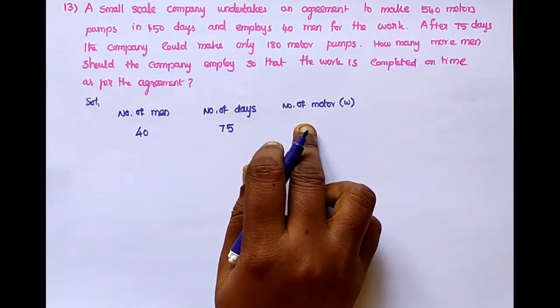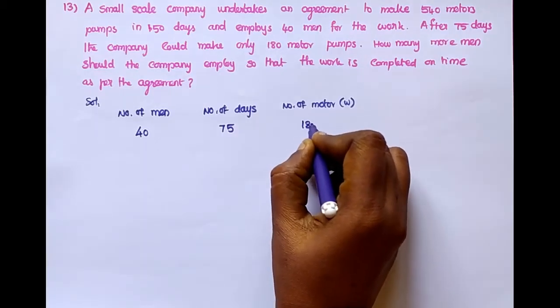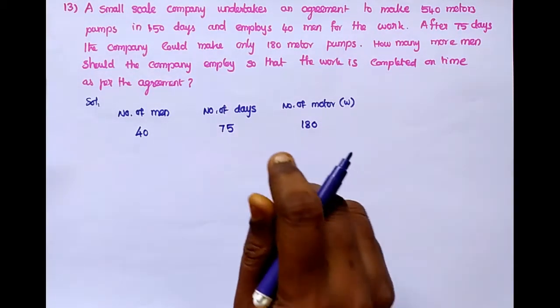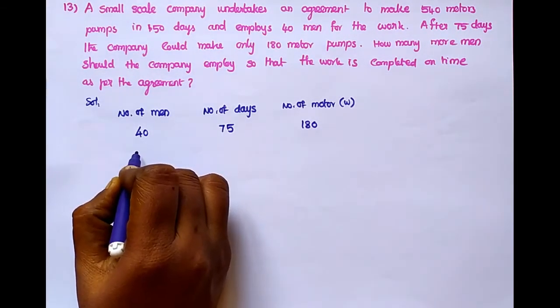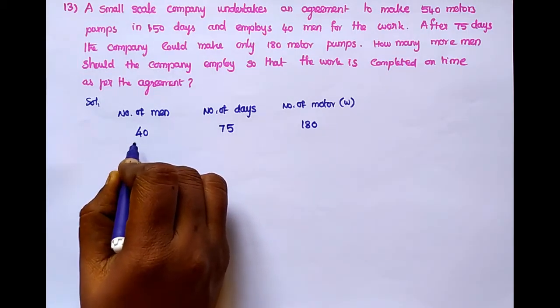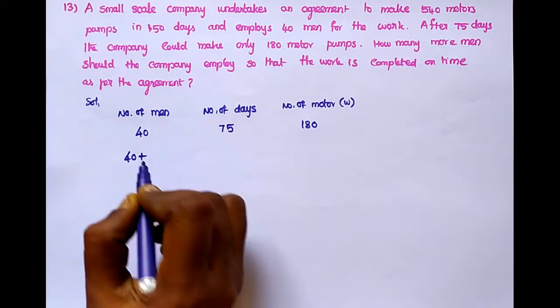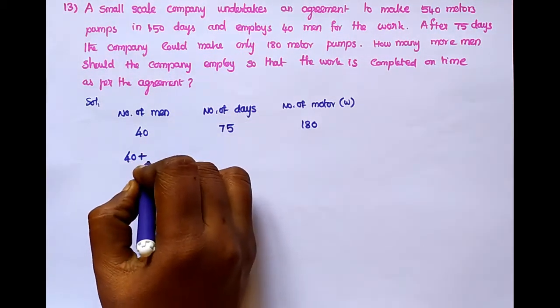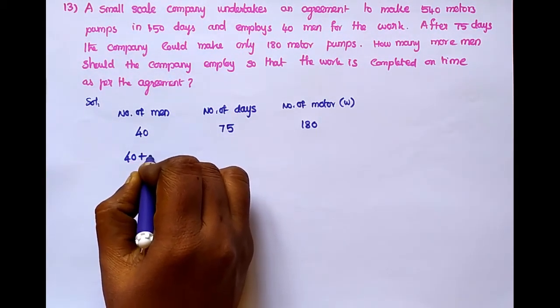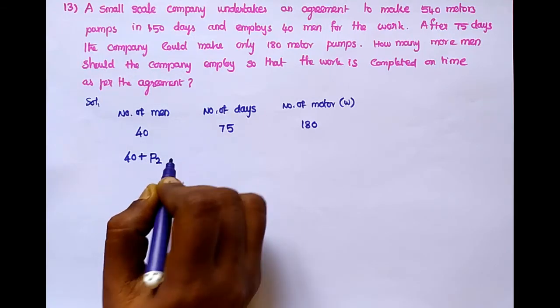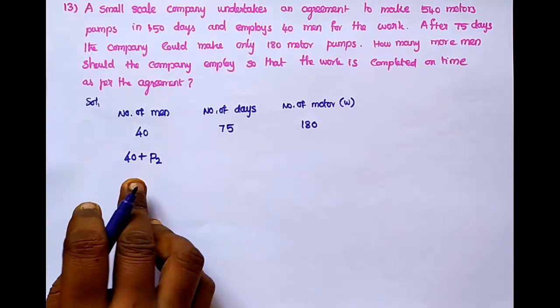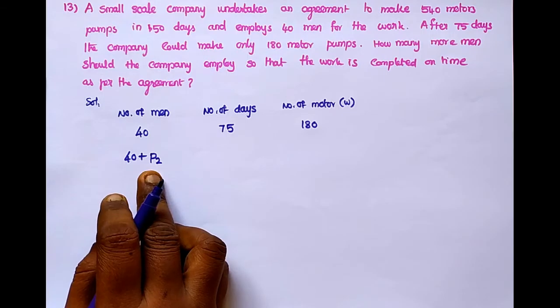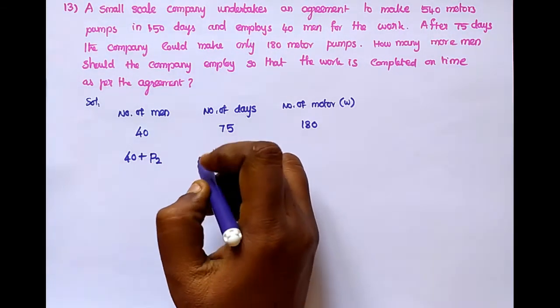They make only how much? 180 motor pumps. Now how many more men? So already 40 is there. 40 plus how many men were required? That is the question, no? So let the extra men, number of persons, be P2.